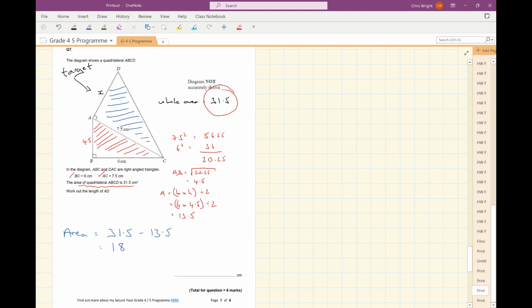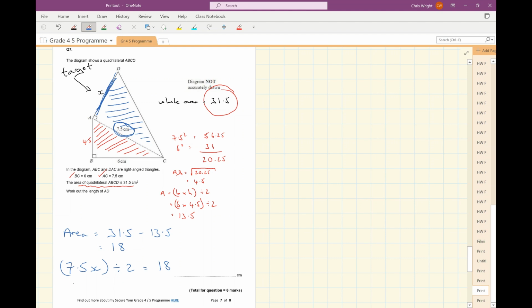That blue triangle, it's got a base of 7.5 and a height of x. So 7.5 times x, 7.5x, the base times the height, divided by 2 is equal to 18, because the base times the height divided by 2 is equal to the area.